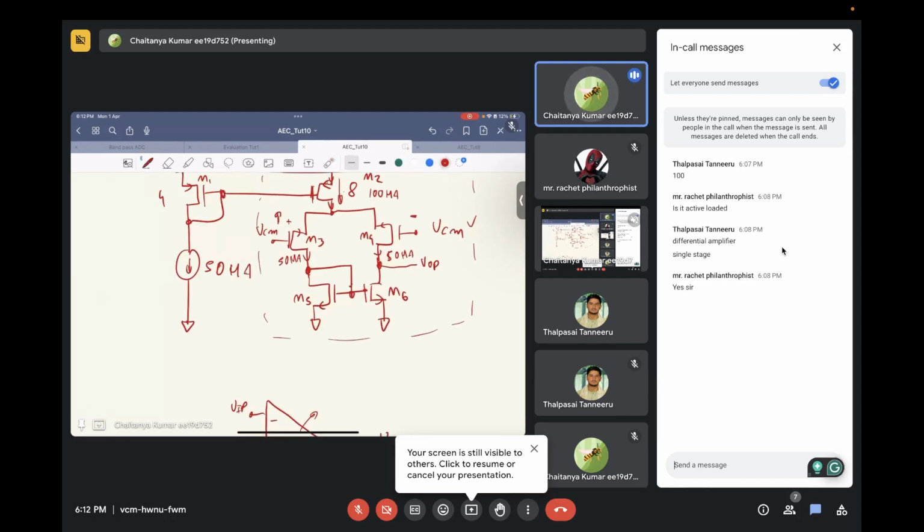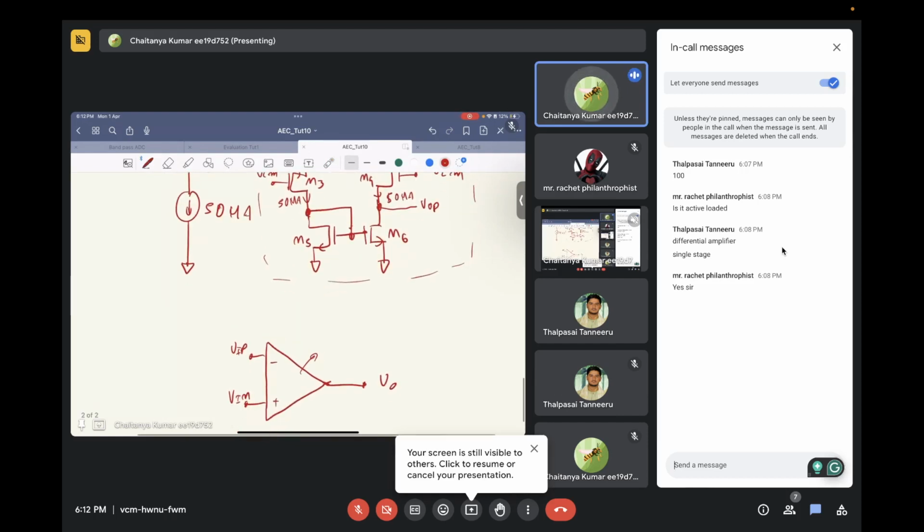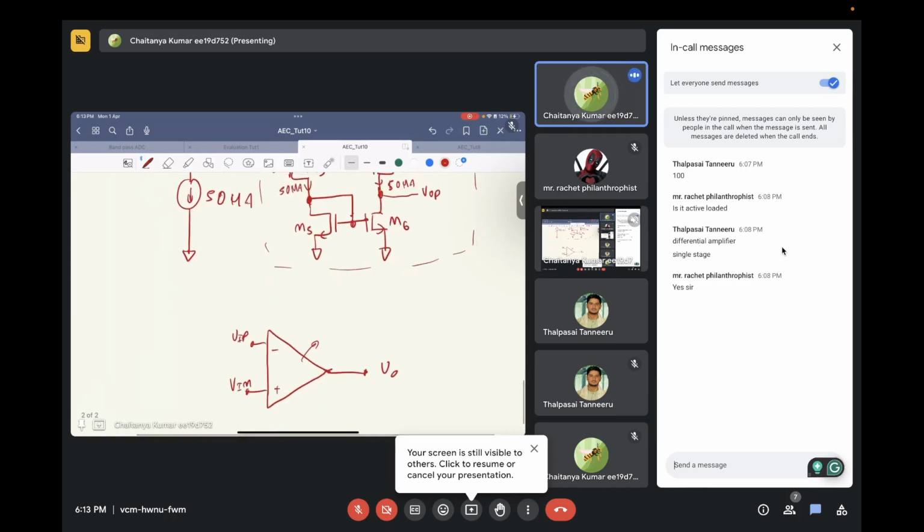So now you tell me, how will you make a non-inverting amplifier using this op-amp? Give input at plus and take feedback at minus.